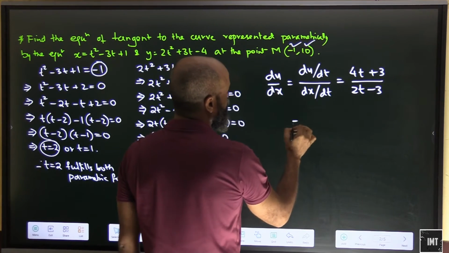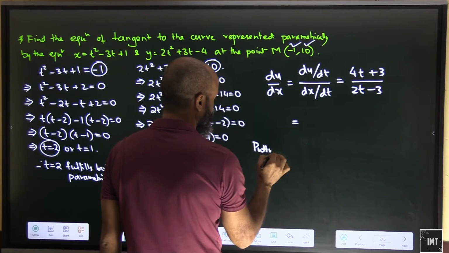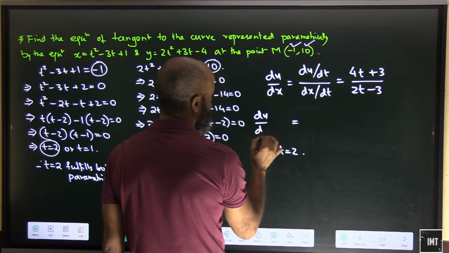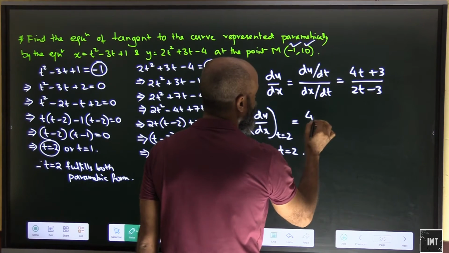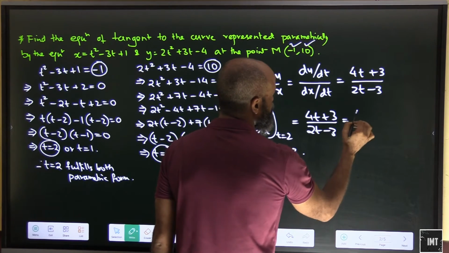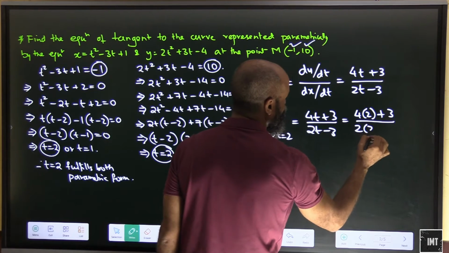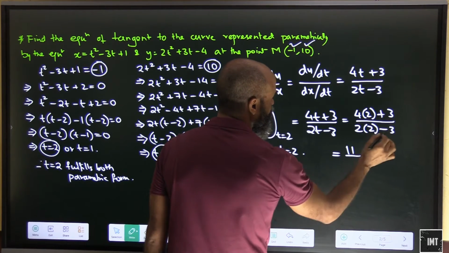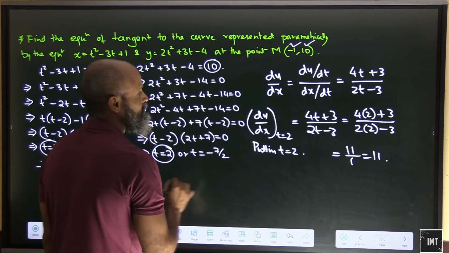Okay, putting t is equal to 2, dy by dx at t is equal to 2 will be 4t plus 3 upon 2t minus 3, that's 4 into 2 plus 3 upon 2 into 2 minus 3. So that's 8 plus 3, 11, upon 4 minus 3, that is 1. So this is going to be 11. So this is the slope.